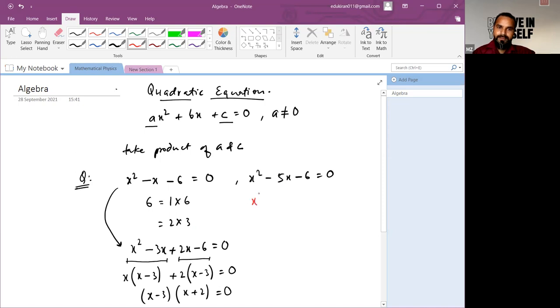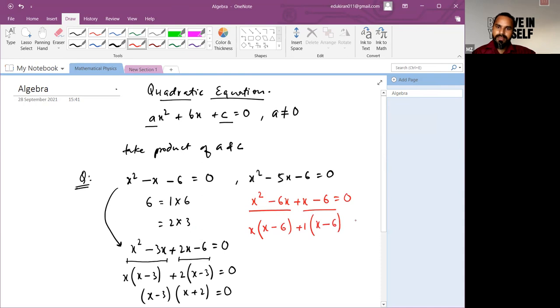So it will be x square minus 6x plus x minus 6 equal to 0. Now take the common from these two terms. So it will be x minus 6, if we take out x as common, and +1 from this.